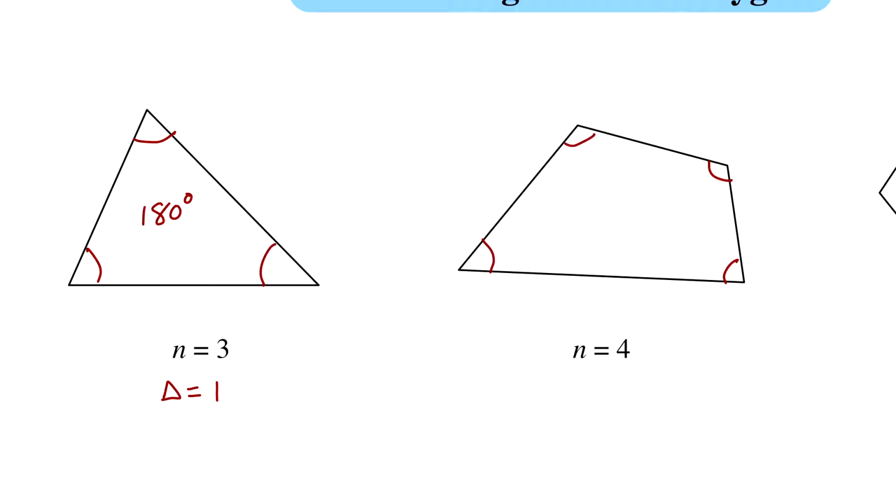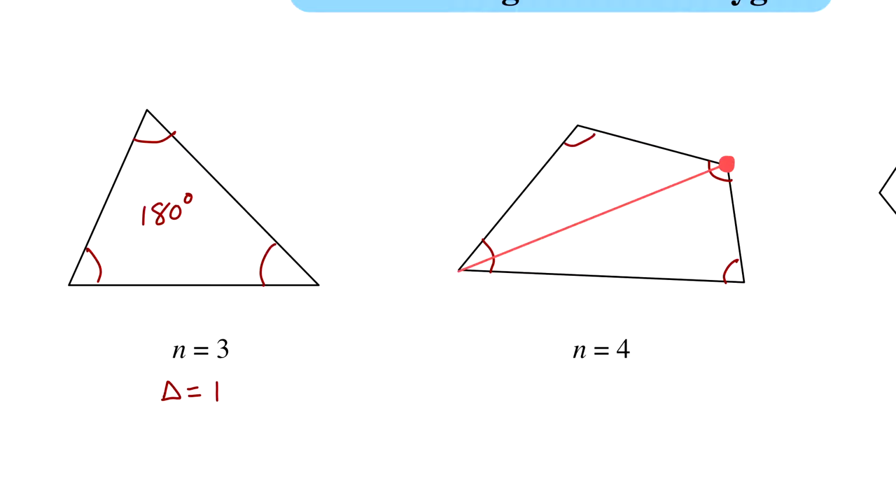So what I'm going to do is pick one of the vertices, and draw a line segment from this point to all the other vertices. If I draw a line to here, that line's already there. I don't need to draw that one. If I draw a line to this endpoint, that line's already there, so I don't need to draw that one. But this point, I do need to draw. And so I'm going to draw a line from here to here.